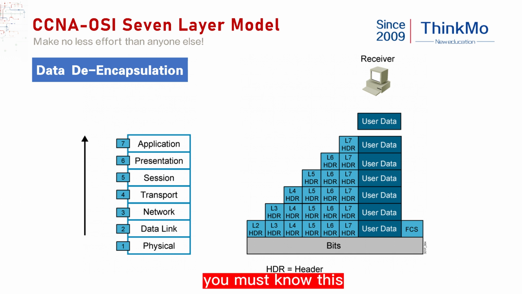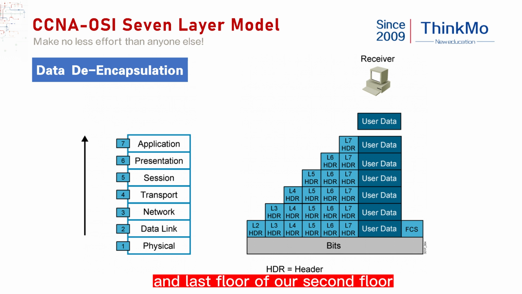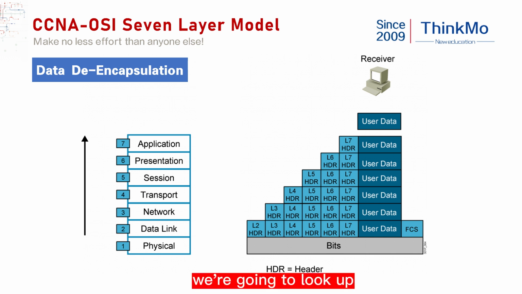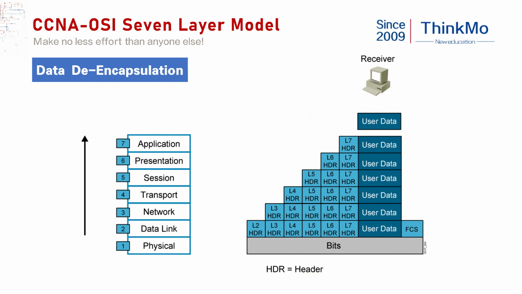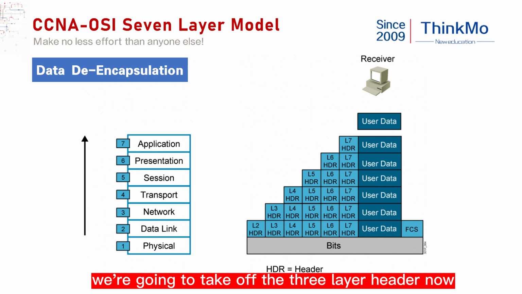You must know this. Okay, let's go on. We have finished the head and tail of our second layer. We're going to look up at layer 3. We are still going to continue to decapsulate. We're going to take off the layer 3 header now.